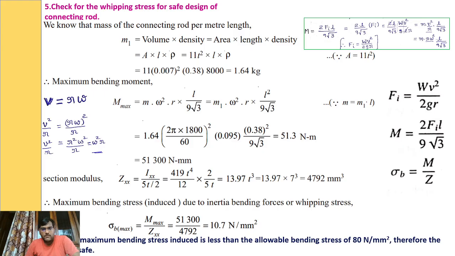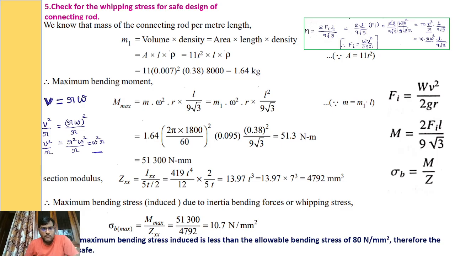Area is 11 t square, so 11 t square into L and rho. So 11 into t square, the t value, and L value that is 0.38 and rho value 8000. You get 1.64.